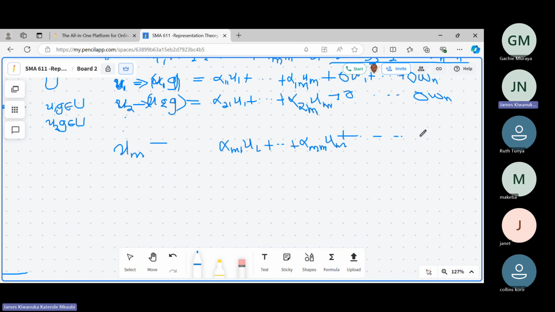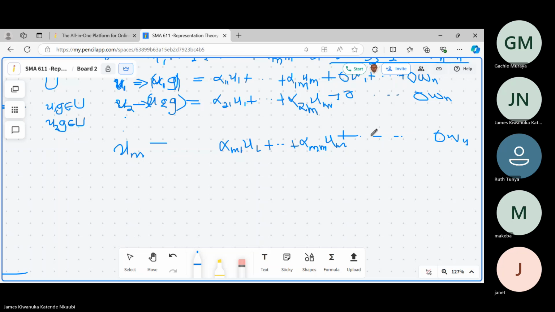The others will be 0, up to W1, keep adding until you get to Wn. So that takes care of the first set of basis vectors.